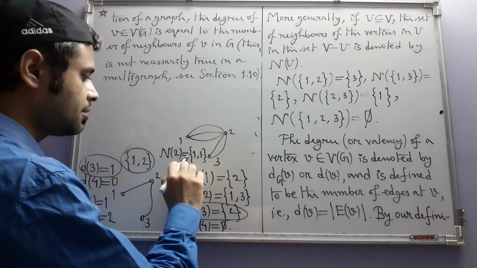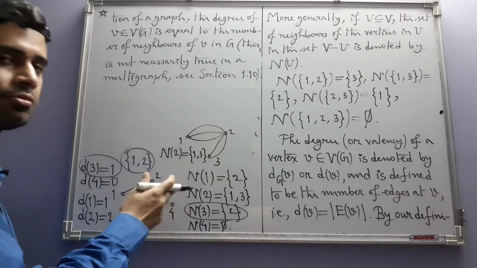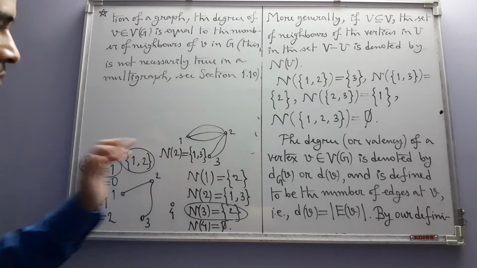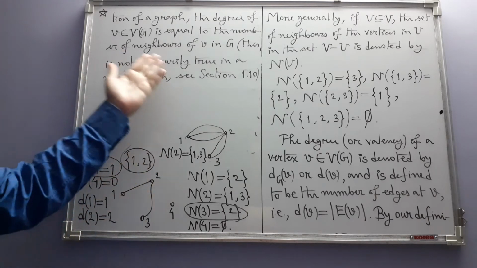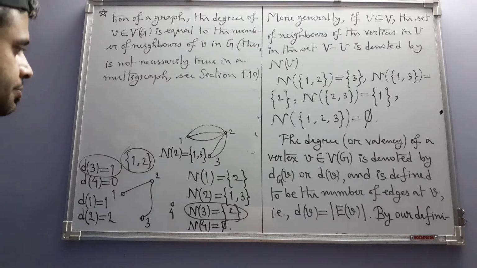And clearly, 2 does not have 5 neighbors, 2 has only 2 neighbors. So in a multigraph this thing fails.